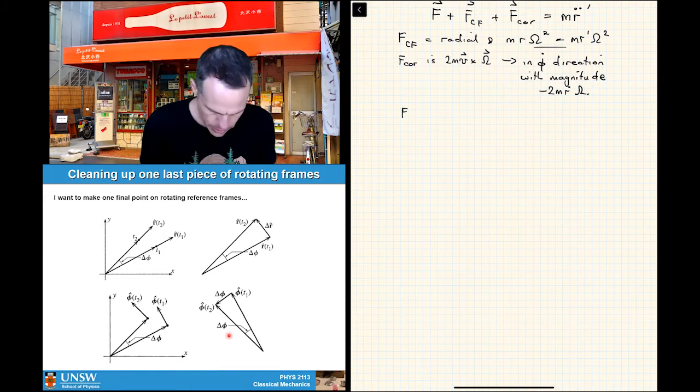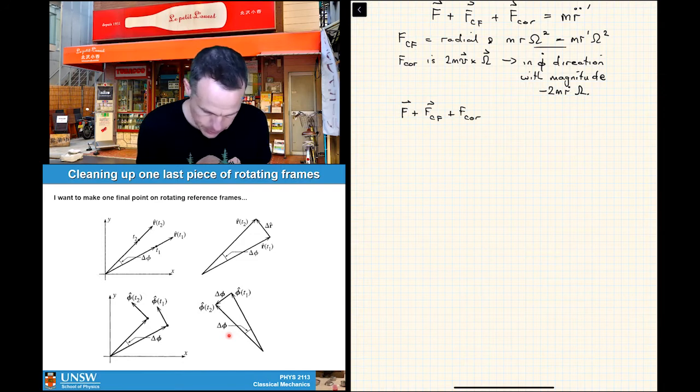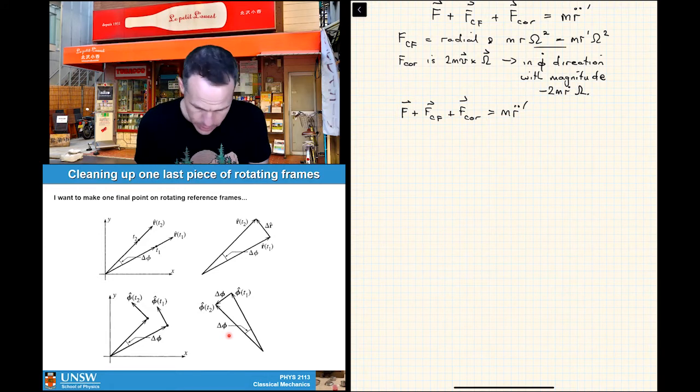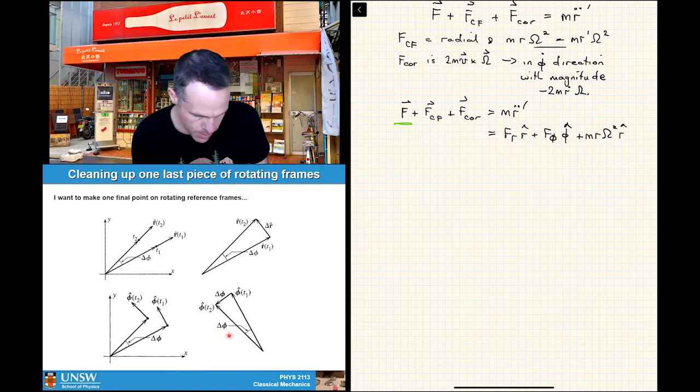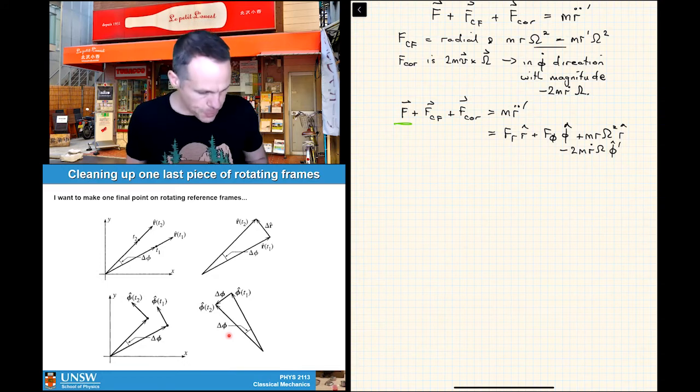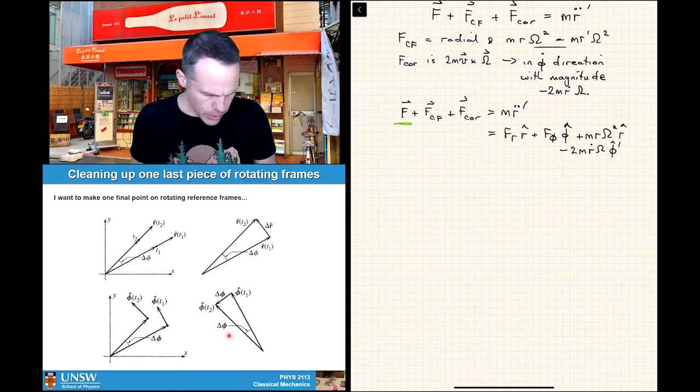What we've got is F plus F centrifugal plus F Coriolis is m r double dot dash, and of course this thing is now going to be f of r r hat plus f of phi phi hat, and those just come from this force term, plus m r omega squared r hat minus 2 m r dot omega phi hat dash, okay?